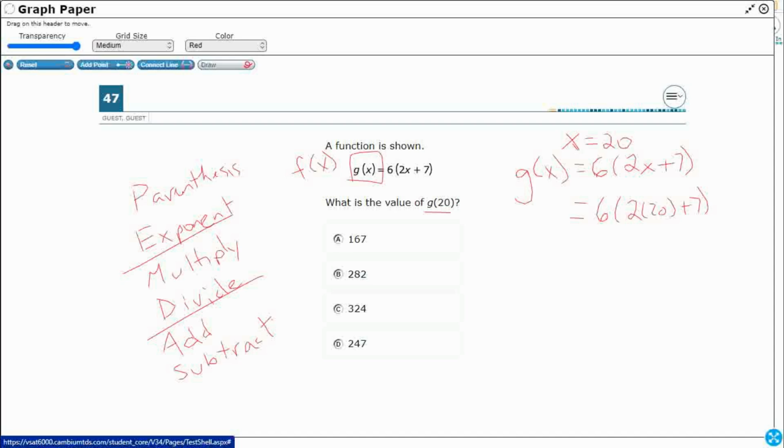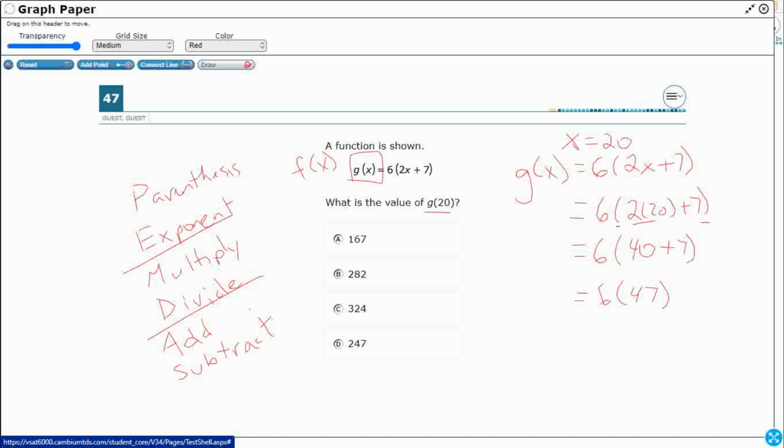All right. So within this parentheses here, right, I've got two different operations. I've got a multiplication, and I've got this plus 7. So we are going to have to multiply first. Okay, so 2 times 20 makes 40. Now I can do that addition, 6 times 47, and now the parentheses are really close.